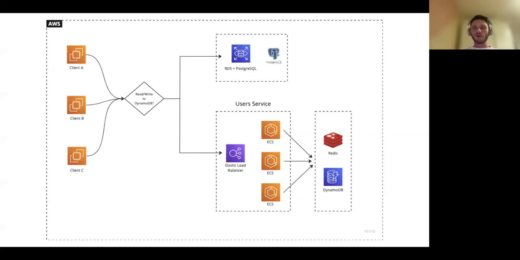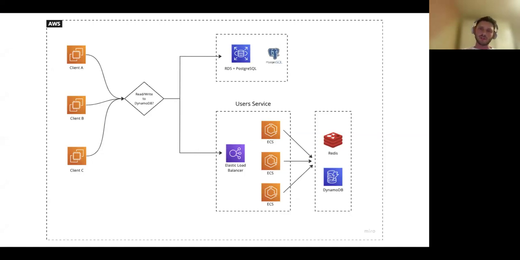The overall problem was that when the number of users, the number of requests to the database, went up, we had spikes. Our RDS didn't work well sometimes. So we decided that we need to do something more stable, and we started to consider different databases.